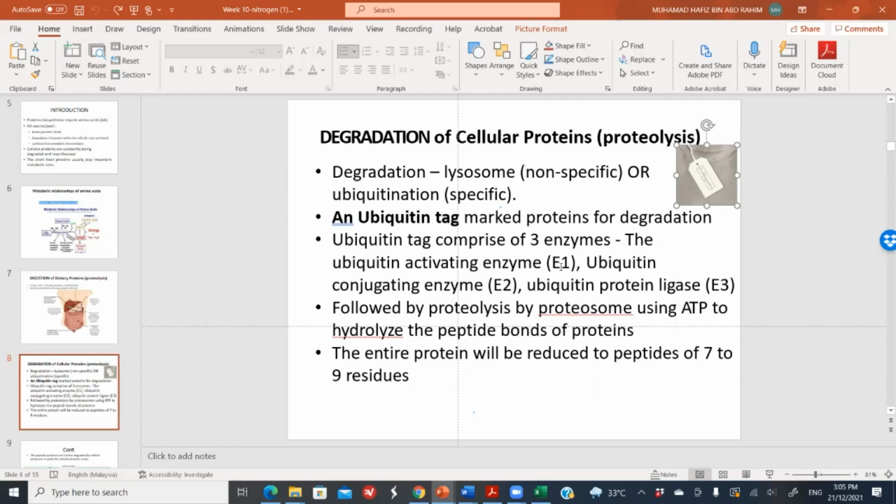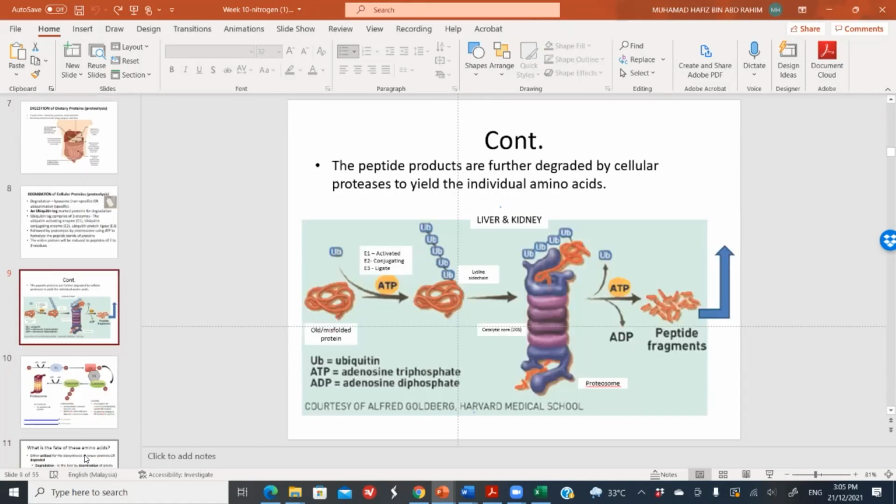It involves three enzymes, which is E1, E2, and E3. So after it attaches this tag to the protein that wants to be degraded, it will be degraded by one enzyme called proteasome. Okay, it will break this protein into smaller parts that can be reused or secreted in the urine. Okay, it will be reduced to 7 to 9 residues.